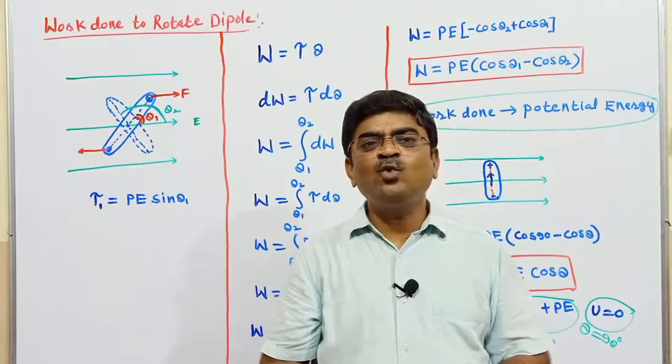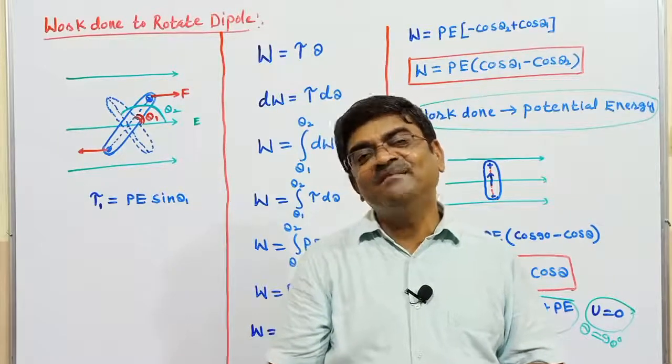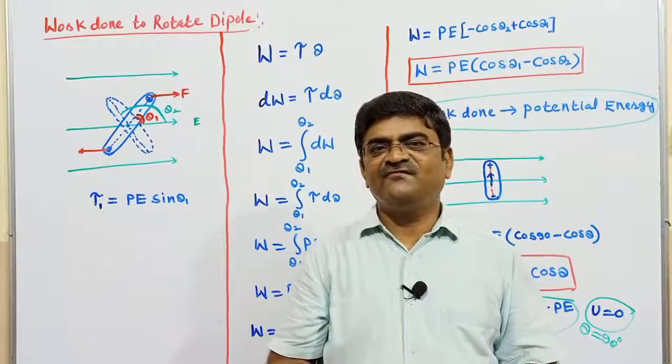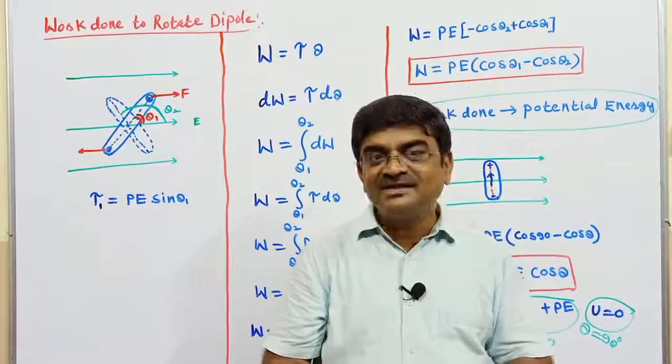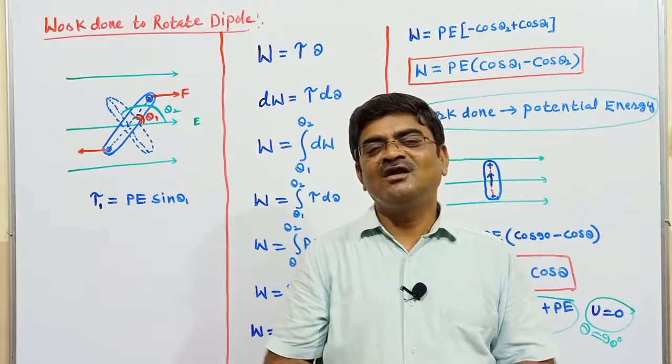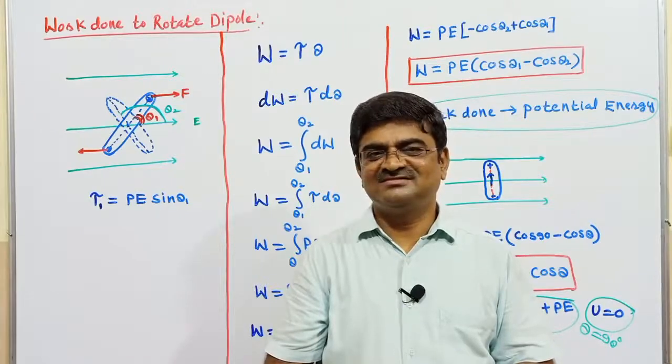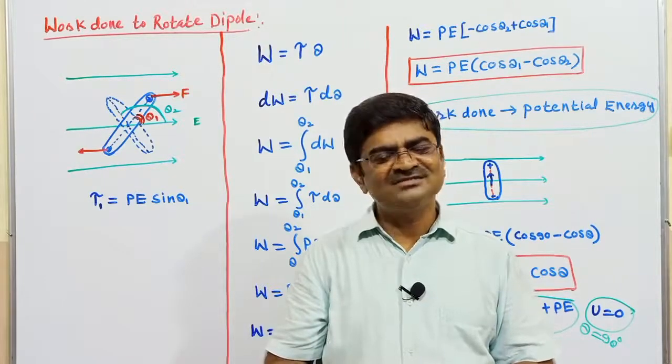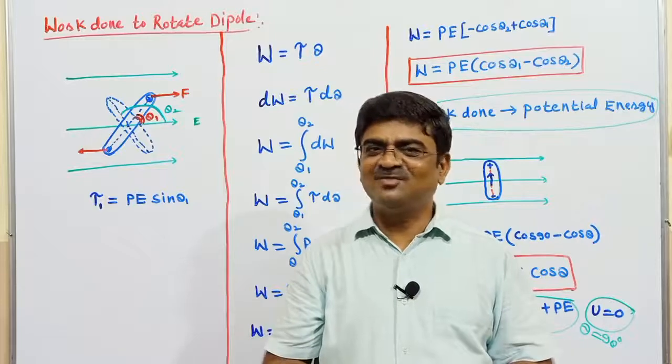In order to understand the electric field in a better way, we introduce a concept called electric force lines. So about electric force lines we shall discuss in tomorrow's class.